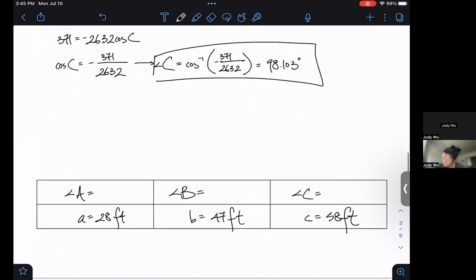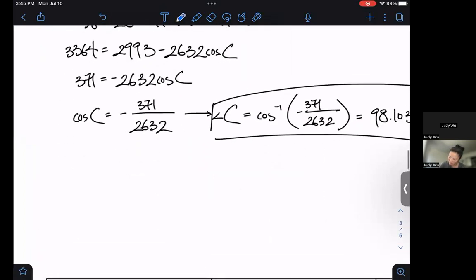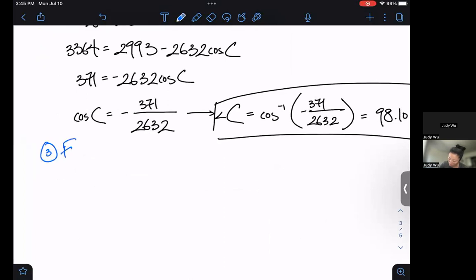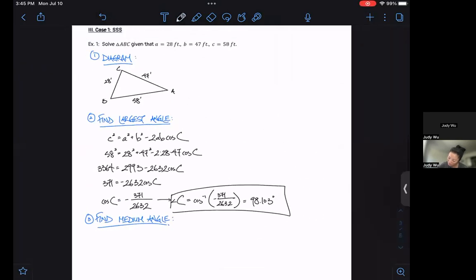I'm going to go ahead and write that down here, 98.103 degrees. Now we're going to find the second largest angle, the middle angle. Let me shrink some of this so that we leave ourselves enough room.